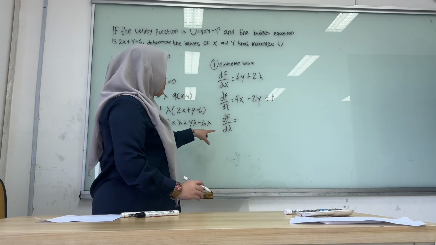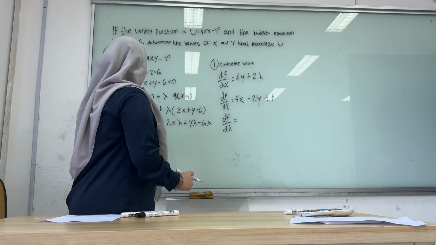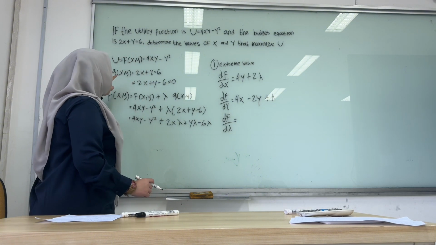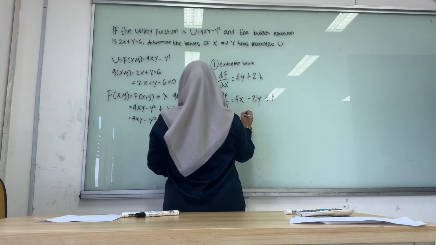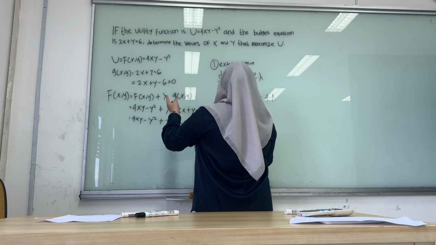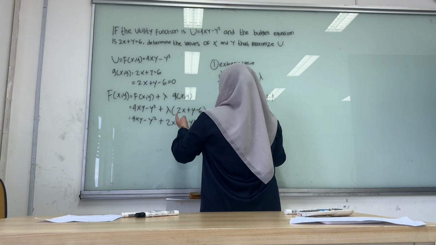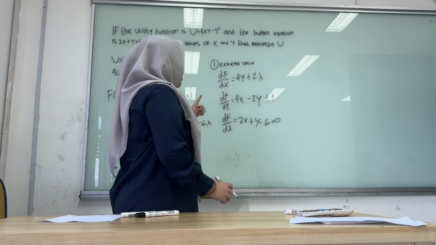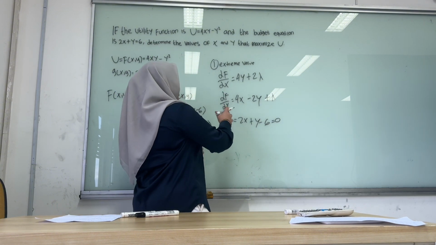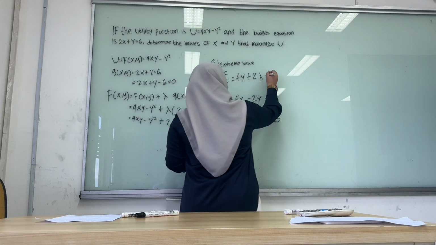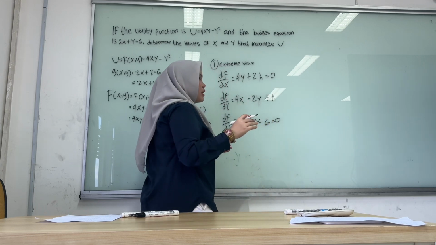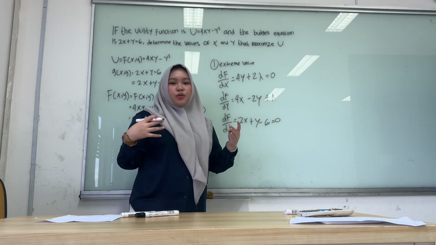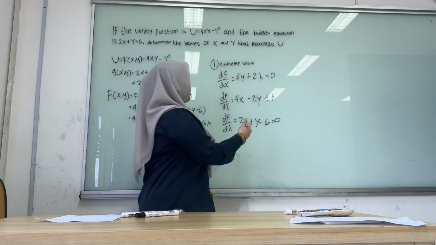This dou f per dou lambda can be found with g(x,y), so it is the same. So this is 2x plus y minus 6 equals 0. The first partial derivatives we need to set equal to 0.